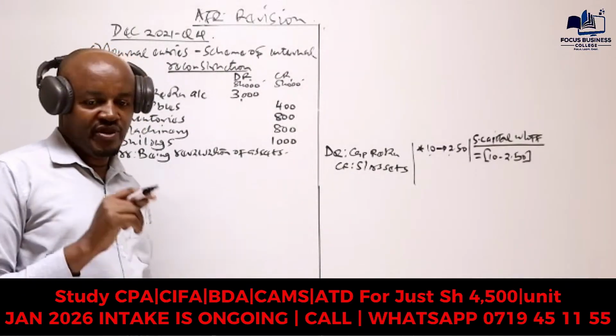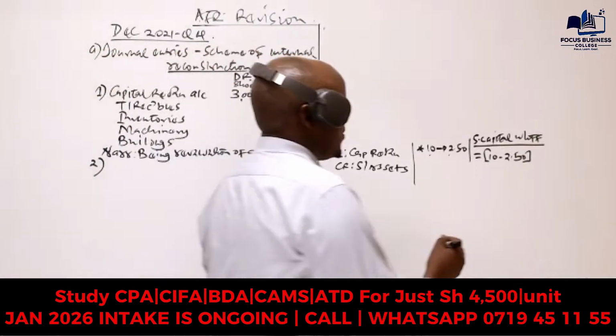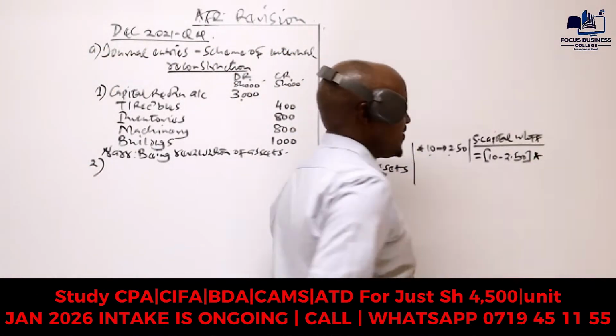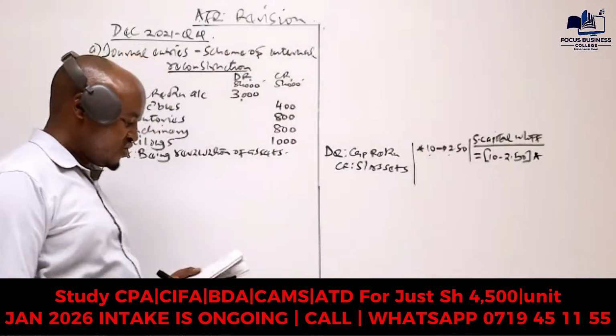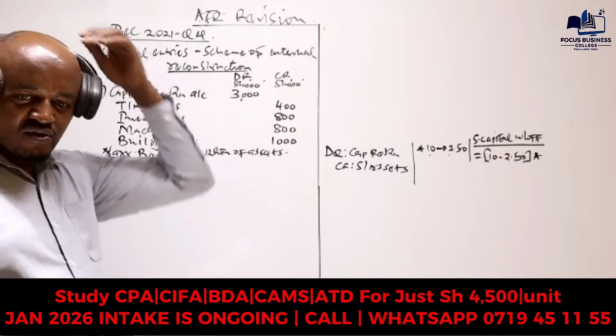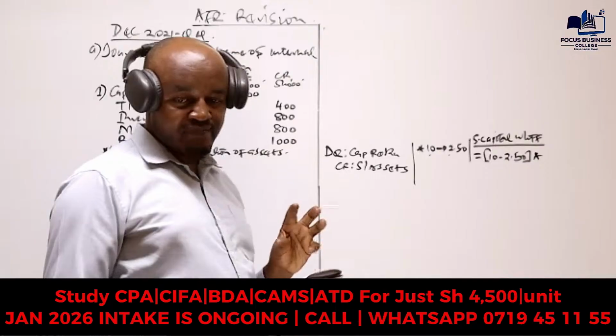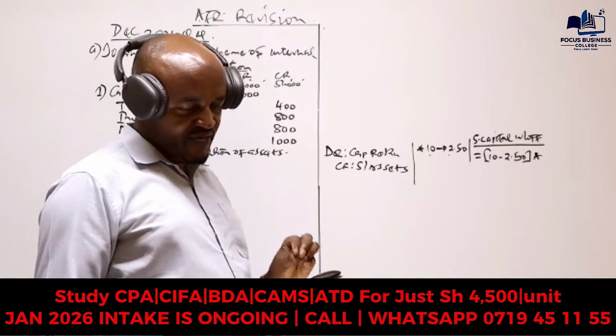So the value of the share is reducing with how much? It is reducing from 10 to 2.5. The value of the share, therefore, is reducing with 7.5. We multiply that with the shares issued by this company. And in this case, I hope you can see that note number 2 deals with the ordinary shares. So we go back to the balance sheet of this company, specifically at the equity. That's where we get the shares issued.